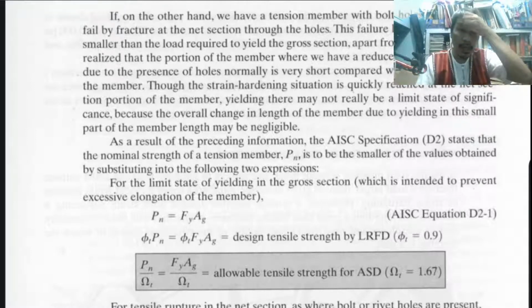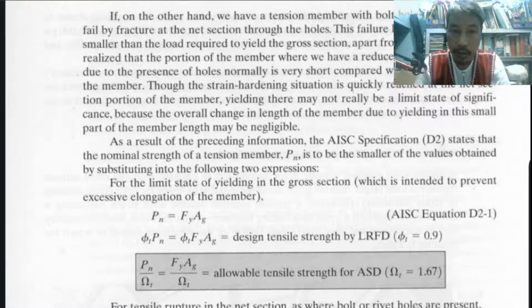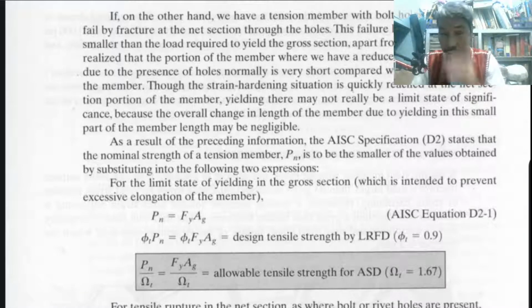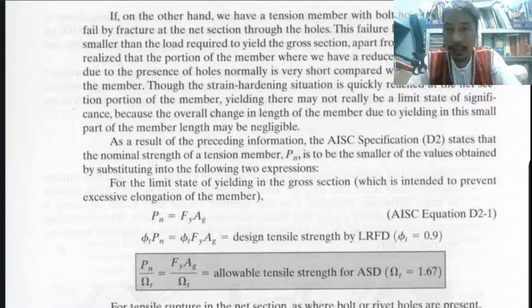So as a result of the preceding information, the AISC specification states that the nominal strength of a tension member, take note, nominal strength. We already have a formula how to determine nominal from those other types of values.